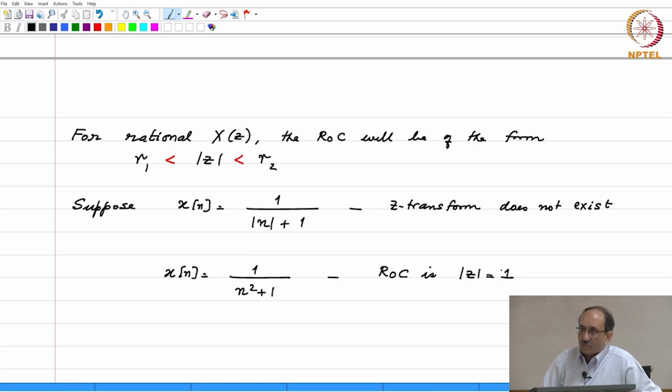We will not further get into details of sequences like these. Just want to make you aware that there are cases like 1 over mod n plus 1 for which Z transform does not exist, and there are sequences like this in which the annular region has degenerated into a circle where R1 equals R2. That is all.